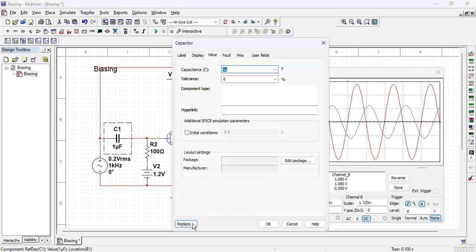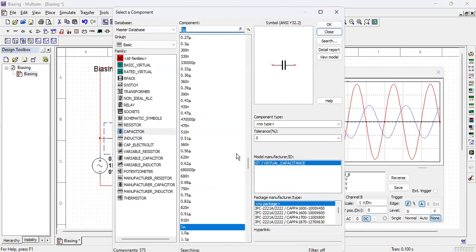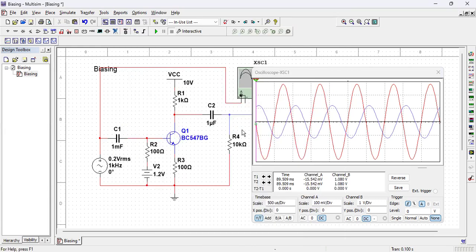If I change this capacitor to say 1 milli, then due to this capacitor, the output also will change and the phase also will change.